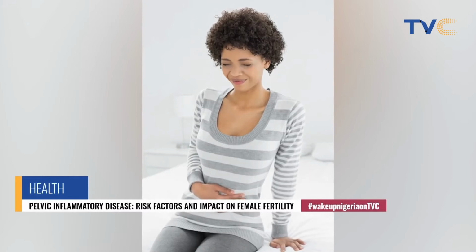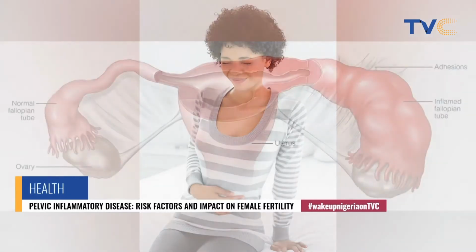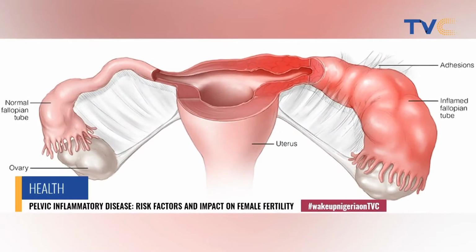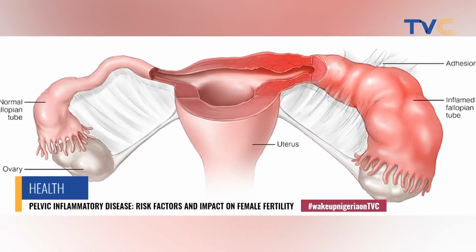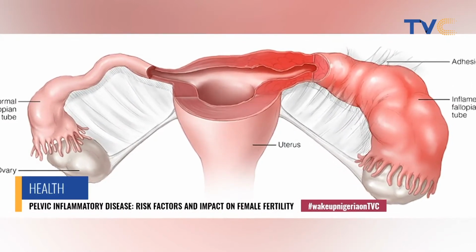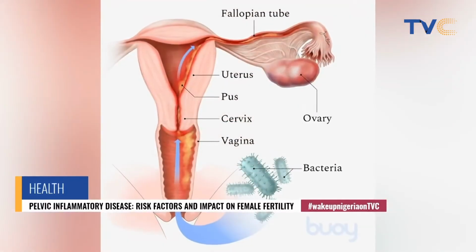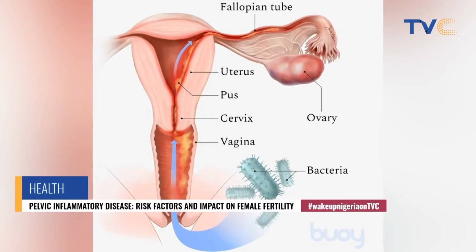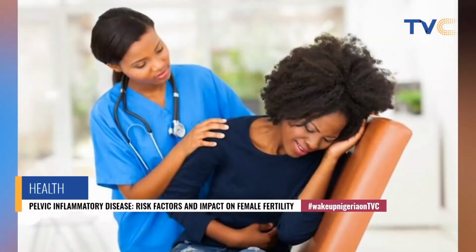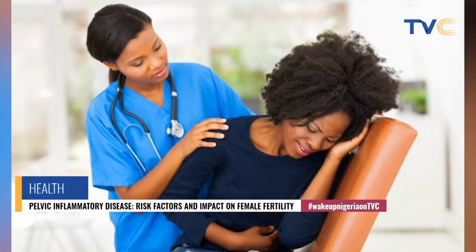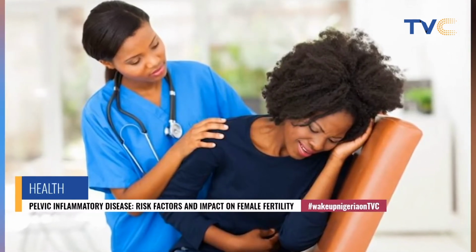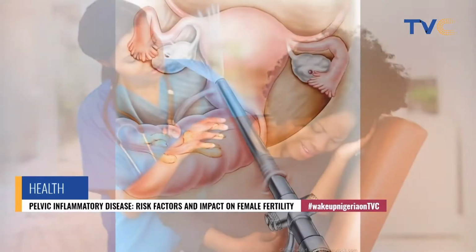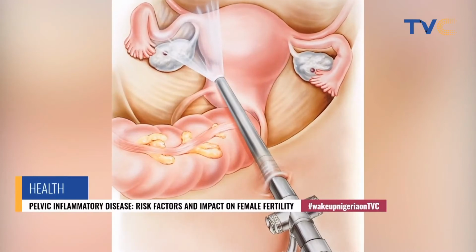So there are two dimensions to it: the early onset of intercourse, and also being sexually active but under 25 years of age. Then having multiple partners that you engage in intercourse with increases your risk of contracting STIs, which puts you at risk of developing PID as well.